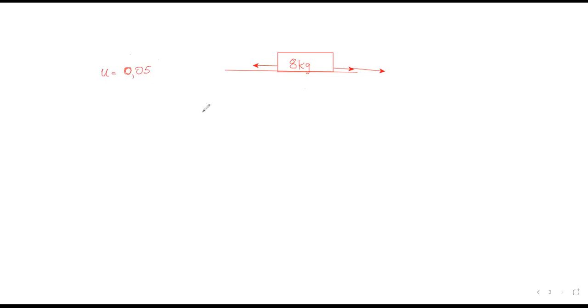then we can get the friction if we are given the coefficient of friction. The coefficient of friction is 0.05, multiply.